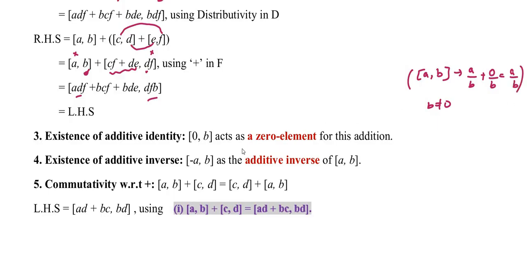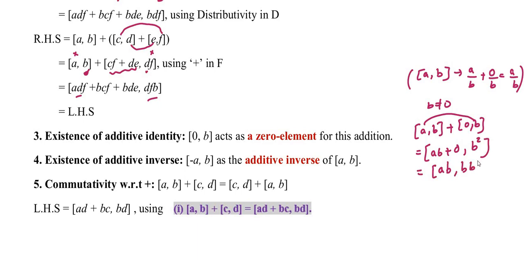So this one acts as the 0 element. You can even add like this, AB plus 0B. So what you get is this with this. So AD plus BC. B into 0 is 0. Then this one is B square. Right. Now this is AB, BB.